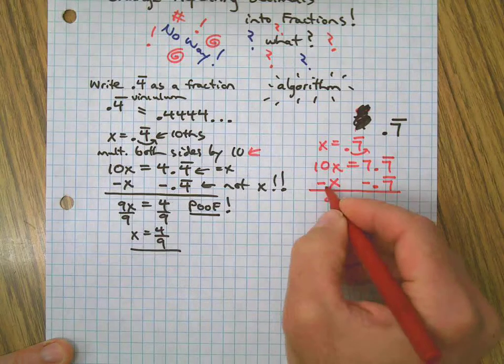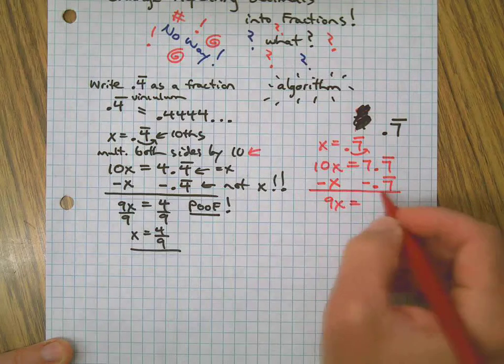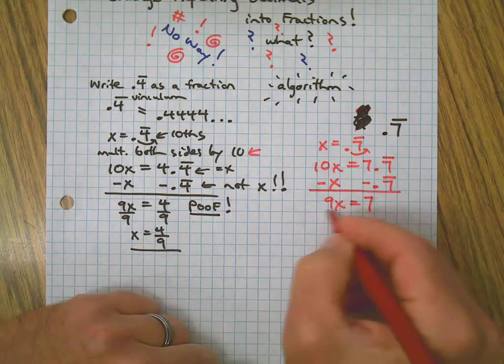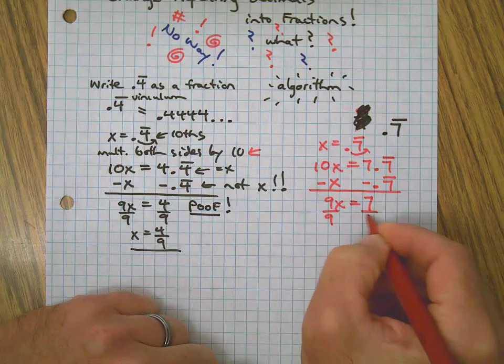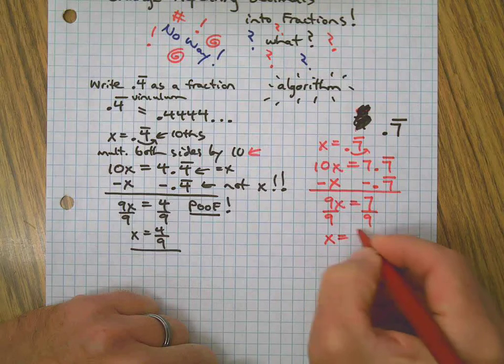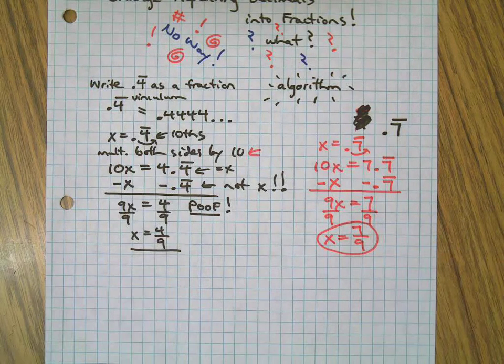What I'm left with is 9x, 10 take away 1 on one side, and the repeating 7 take away the repeating 7 gives us a nice clean equation. Divide both sides by the coefficient of x to get x isolated. And there is that answer.